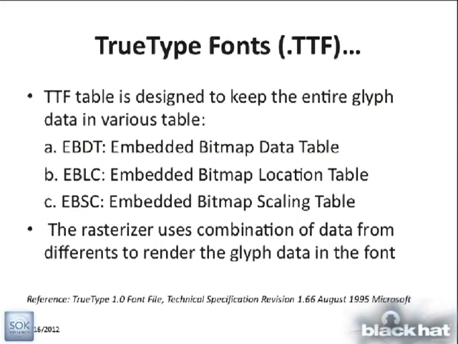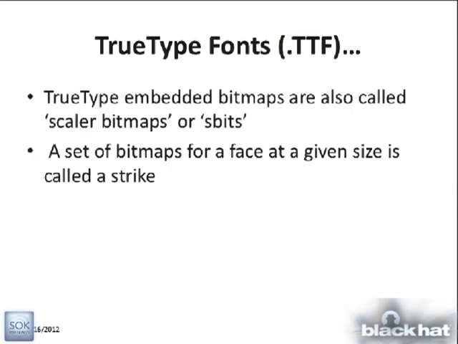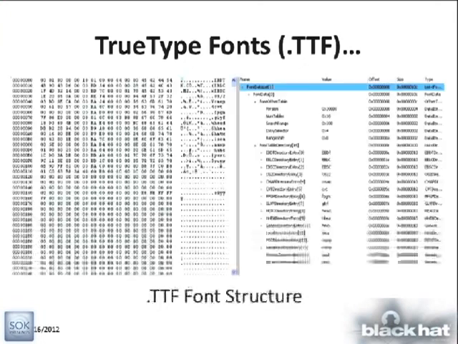The first is the embedded bitmap data table, or EBDT for short. The second is the embedded bitmap location table. And the last one is the embedded bitmap scaling table. Sometimes we also call the TrueType embedded bitmap a scalar bitmap, or SBIT. And a strike refers to a set of bitmaps for a face at a given size.